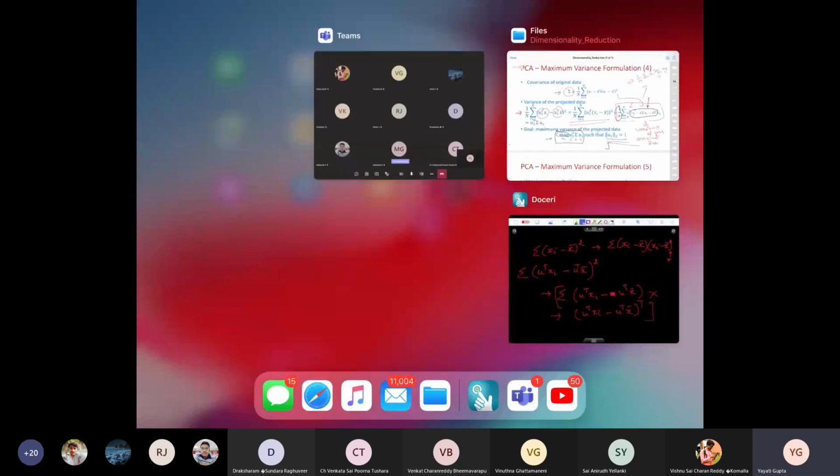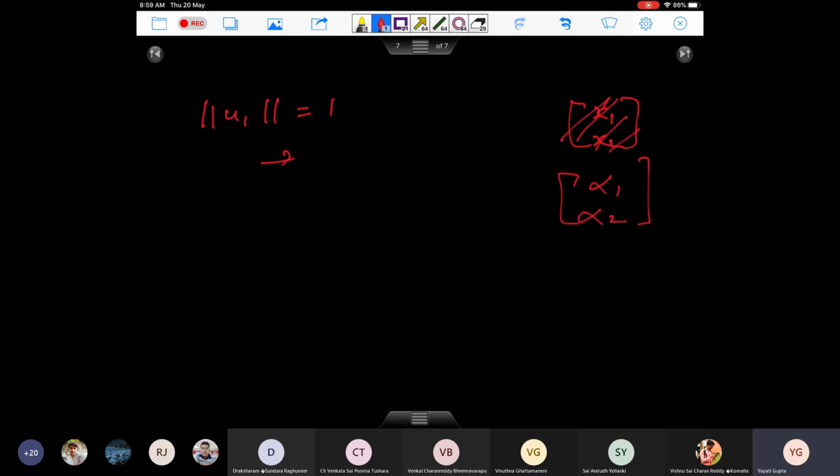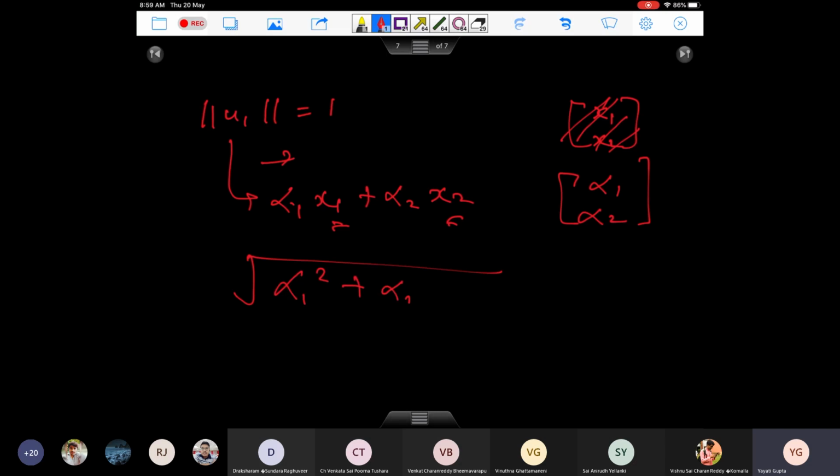If u1 is written as alpha 1 x1 plus alpha 2 x2, where x1 and x2 are your original dimensions, the norm is the square root of alpha 1 square plus alpha 2 square.